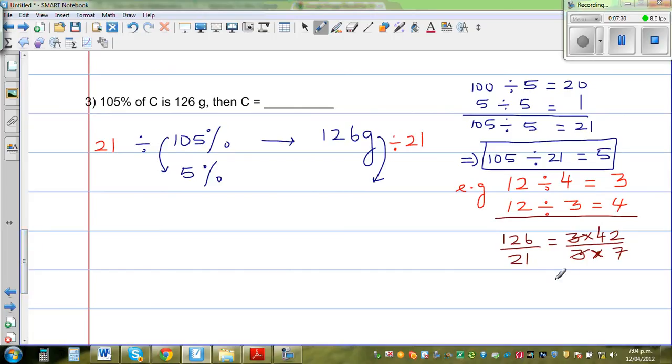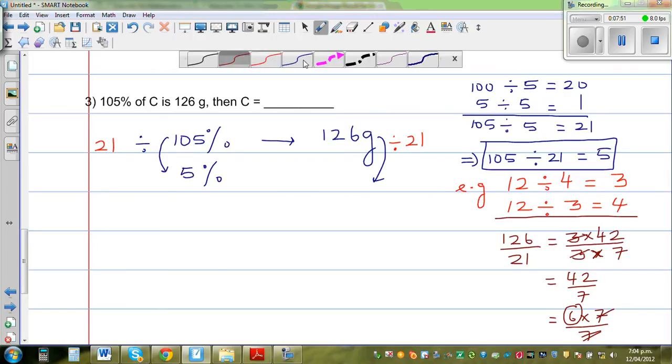Now this is 42 over 7, and 42 I can write as 6 times 7 over 7. This is called prime factorization. The 7 and 7 get cancelled, so this is nothing but 6. So 126 divided by 21 is 6. Let me bring back the unit: this is nothing but 6 kgs.